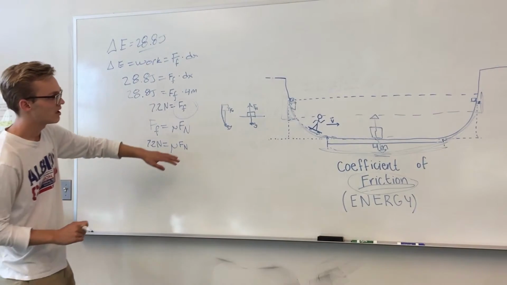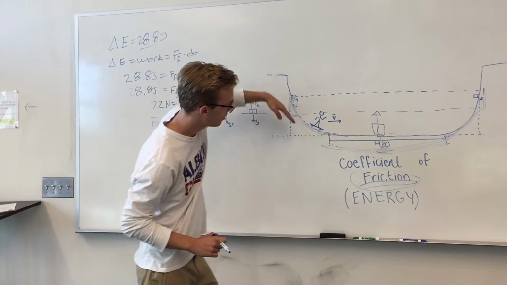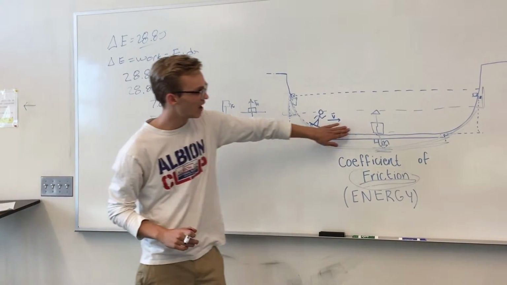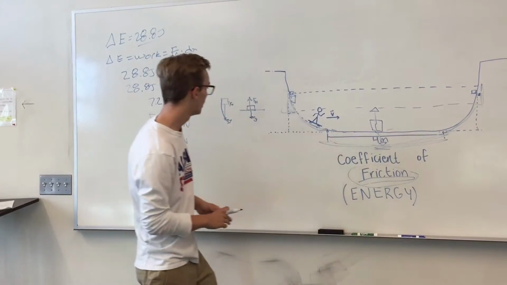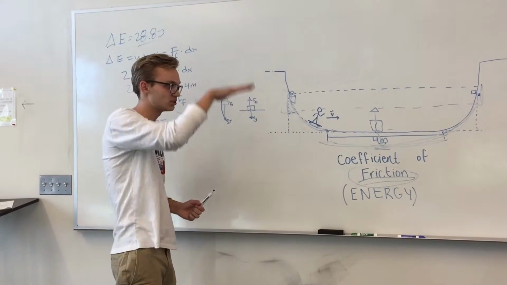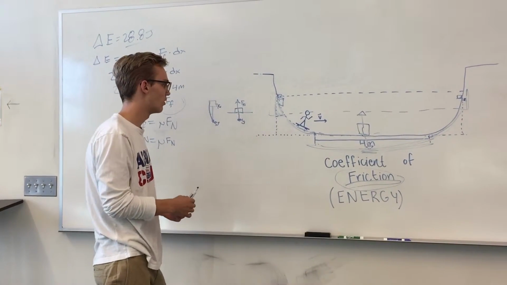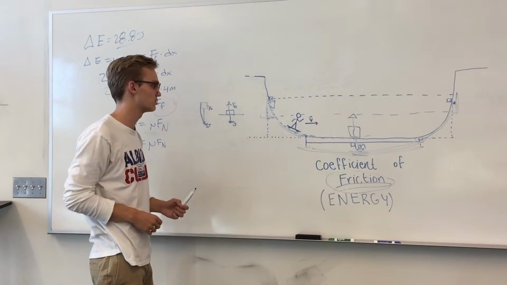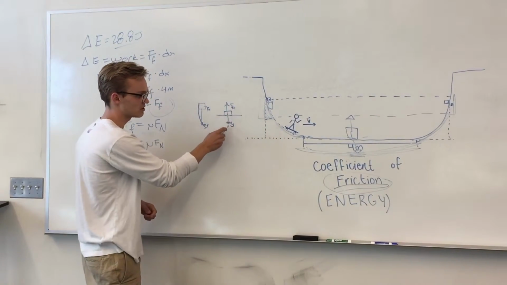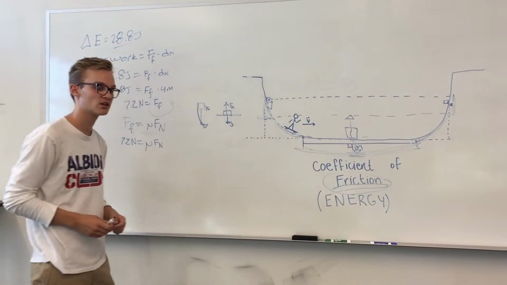But the thing is, when he's in the pool, the normal force is changing, right? Because when he's at the bottom here, when it's flat, he's not accelerating in the y direction. The acceleration in the y direction equals 0, so the sum of the forces must equal 0. So therefore, in the y direction, the normal force must equal the force of gravity, mg.